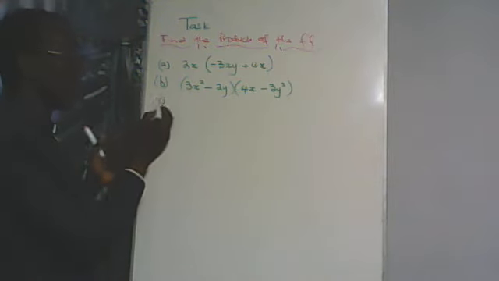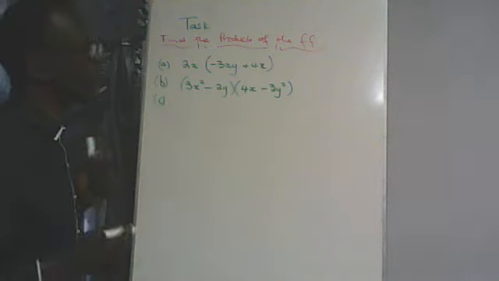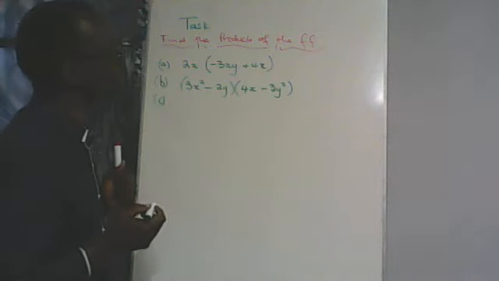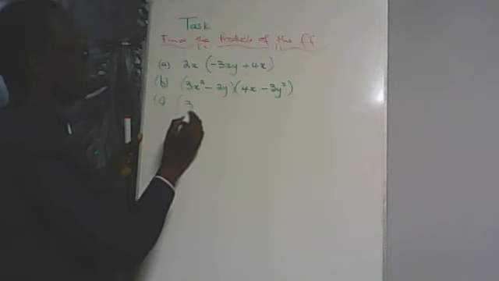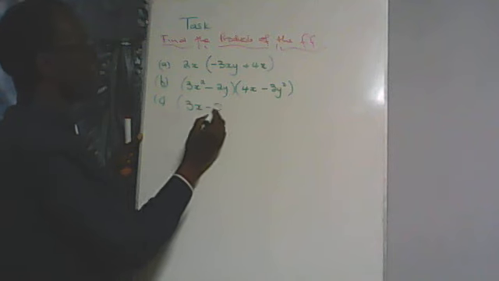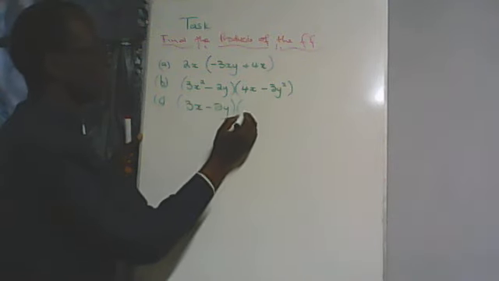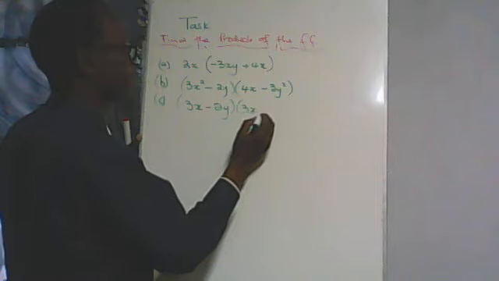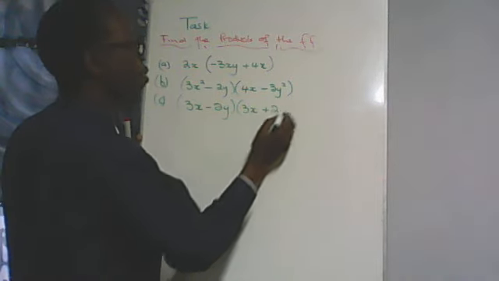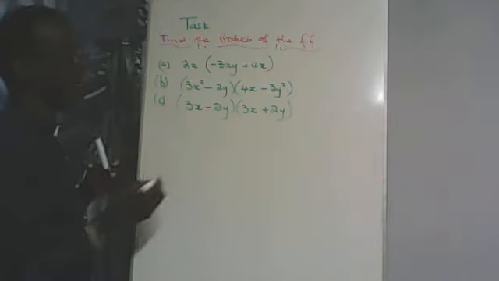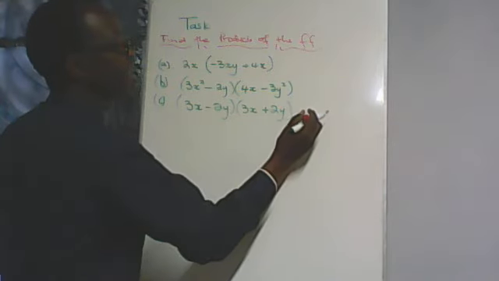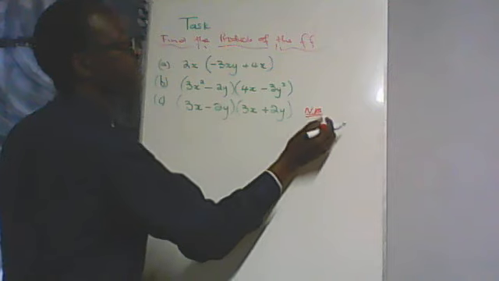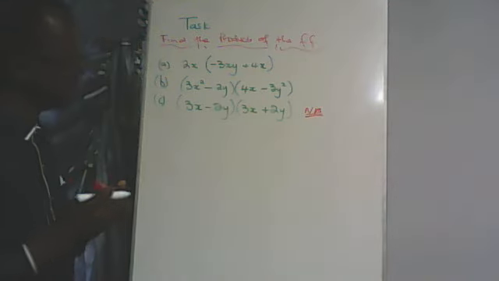And then, number 4, we get another binomial. That is 3x minus 2y multiplied by 3x plus 2y. I like this. Be careful when you deal with this one. I want you to come with something that you noticed.